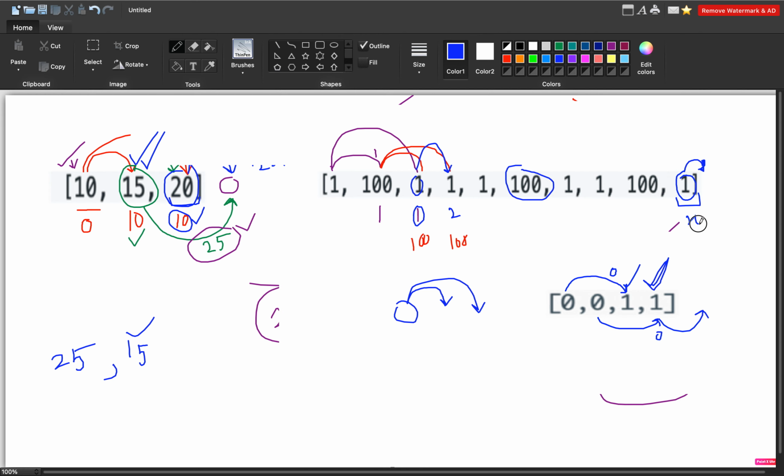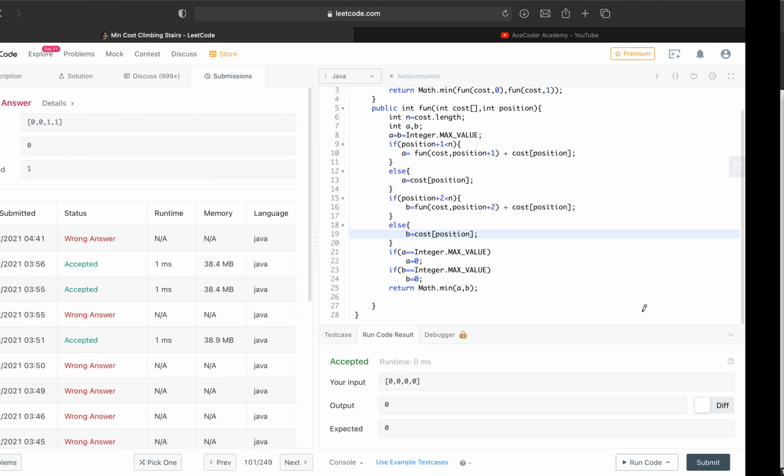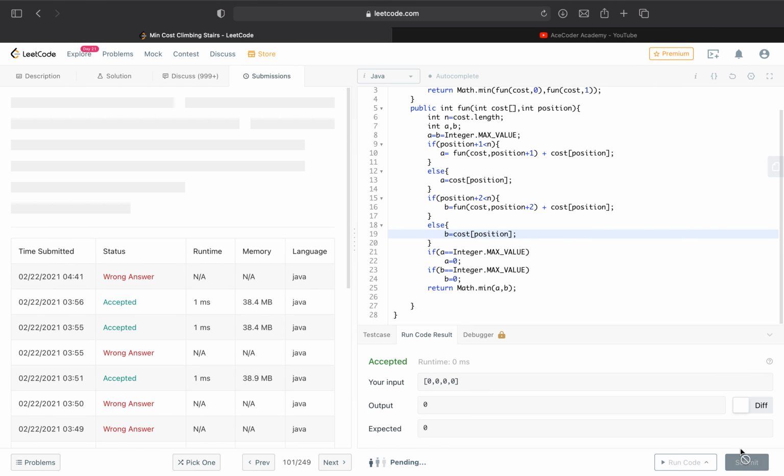The previous answer was x up till reaching here, so we are making it x plus 1. Similarly for this, if it was y, then y plus 100. So we will find the minimum between them. I think now it should work. Let's try it.